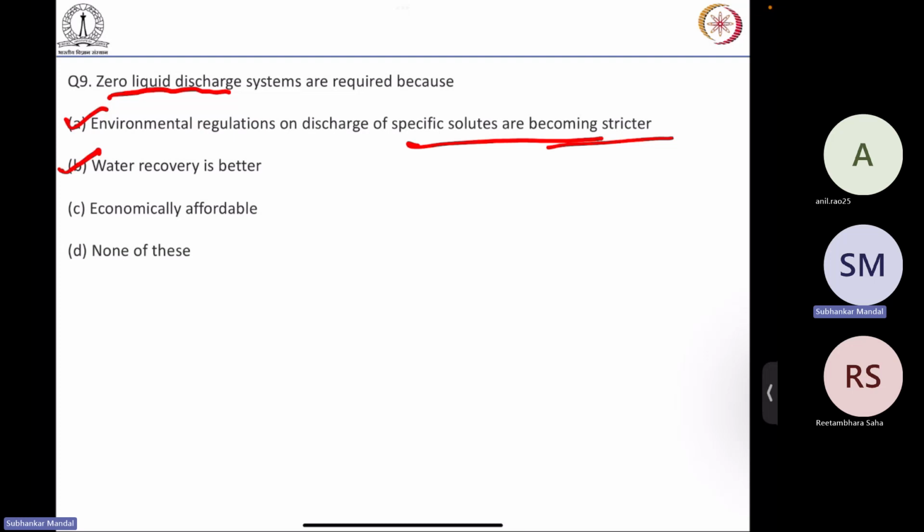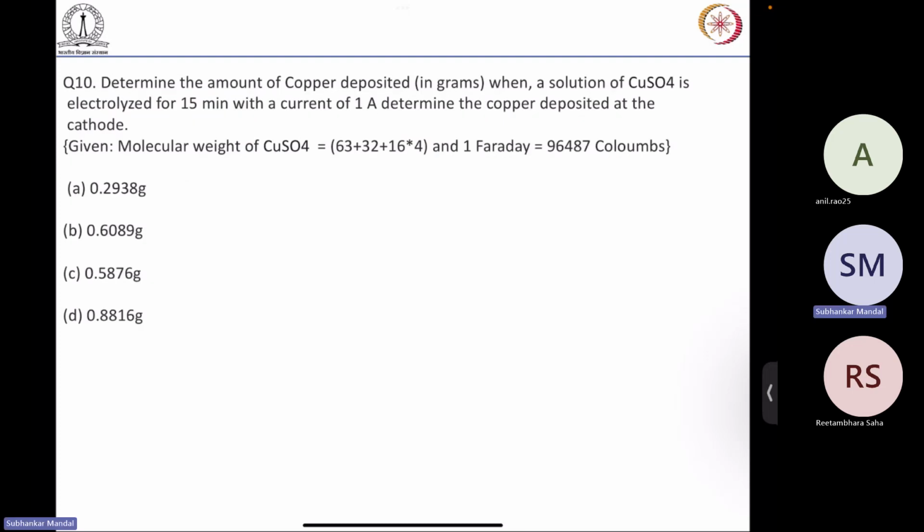Question 10: determine the amount of copper deposited in grams. When a solution of copper sulfate is electrolyzed for 15 minutes with a current of 1 ampere, determine the copper deposited at the cathode.